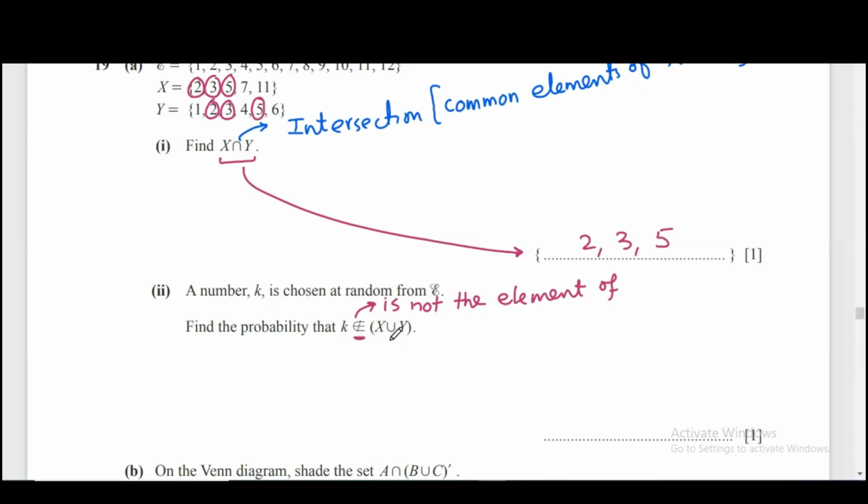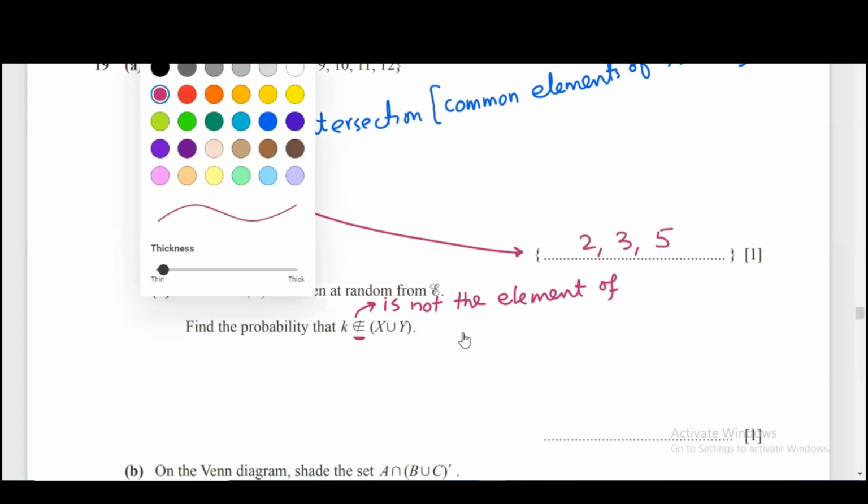First we have to find X union Y, and you should know the meaning of union.